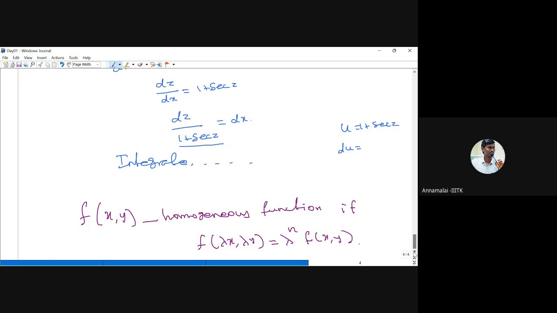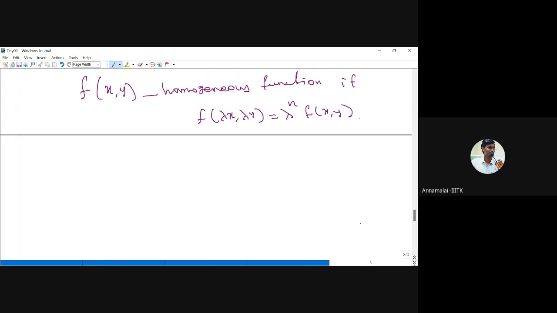Now, suppose for a first order differential equation, the right hand side is a homogeneous function. So, for example, what is an example of a homogeneous function? If we take f of x comma y, a function of two variables, we can take x square y plus x y square.